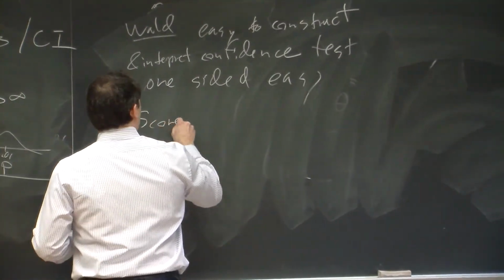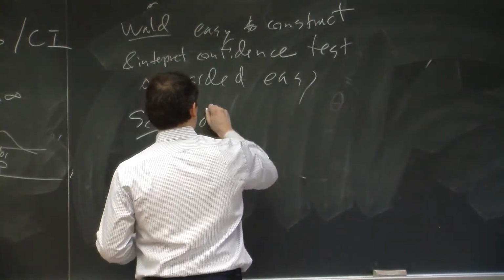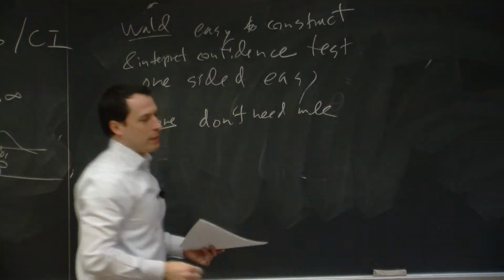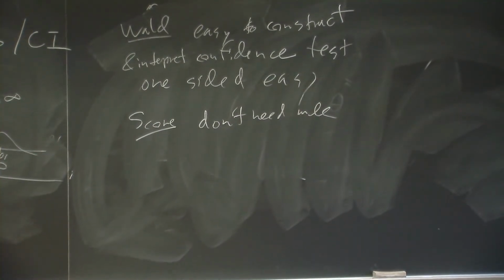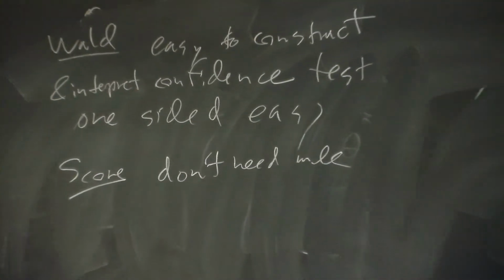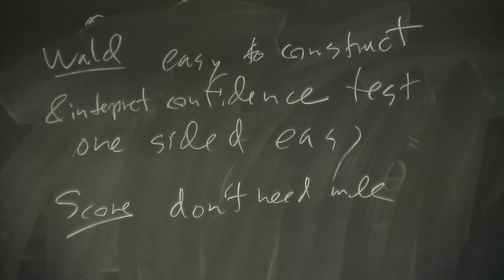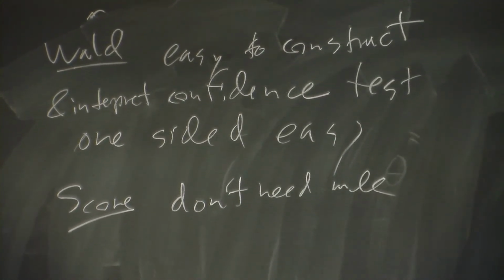The score test is nice because we don't need the MLE. Right? So that simplifies our calculation. And if we're in a situation where the MLE is hard to get, but the score or even an approximation of the score is easy to get, then we're still in business.